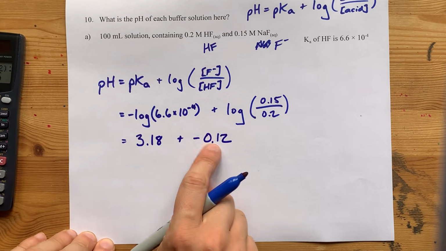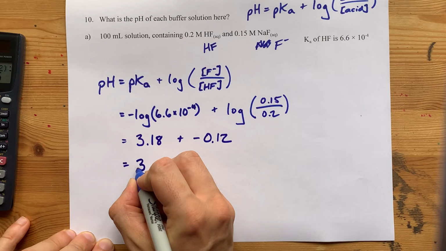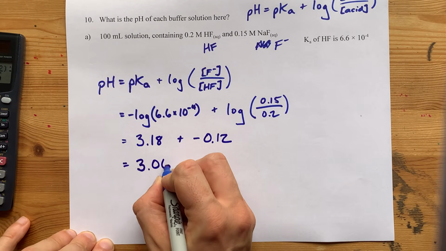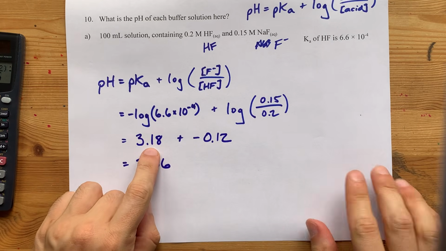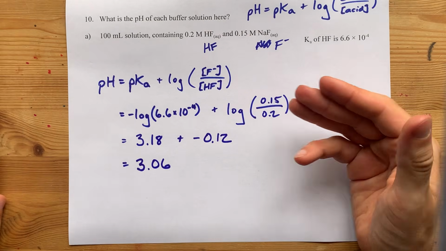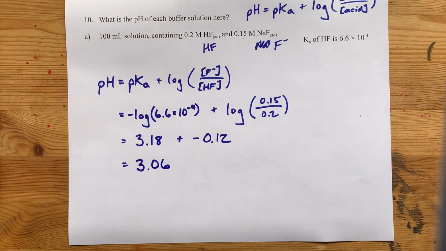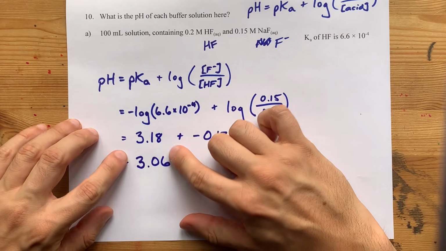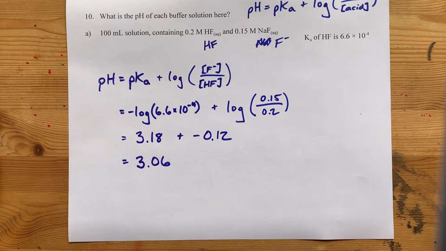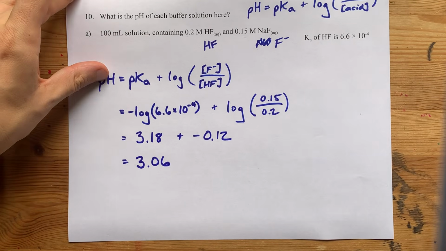Adding a negative is like subtracting, so I end up with 3.06. Cool. Now, 3.18 is the pH that it would have been if I added the same amount of acid and conjugate base. But because I added a little bit more acid, I ended up with a slightly more acidic pH. Get it? Numbers are beautiful, just like you are.